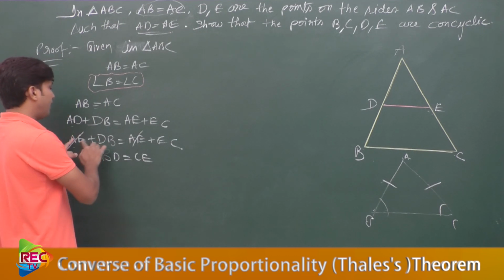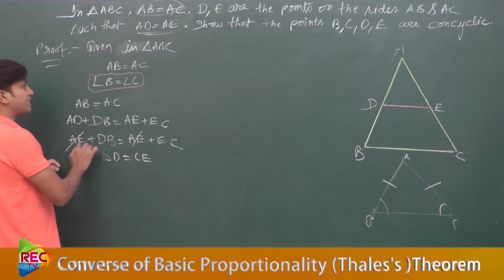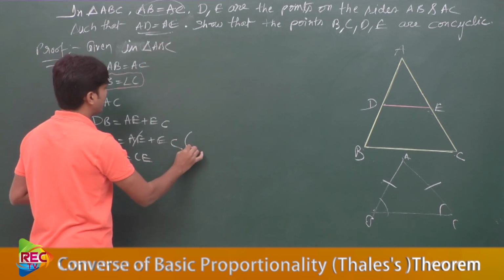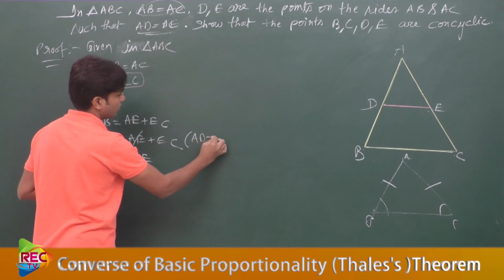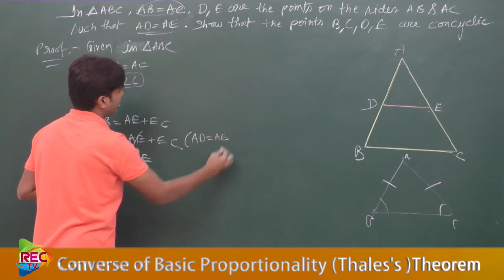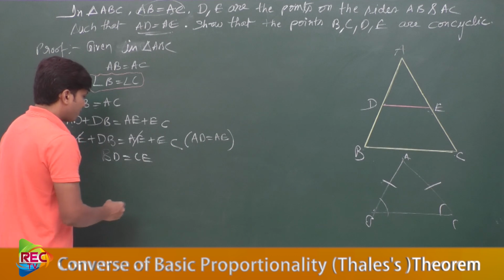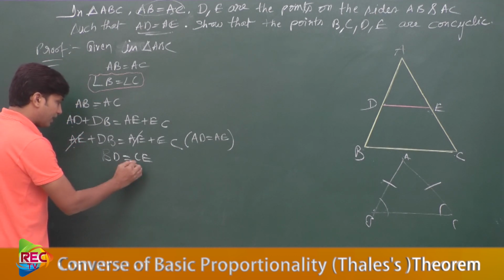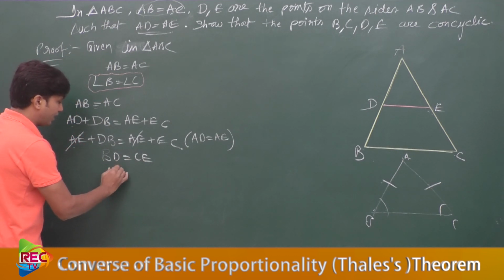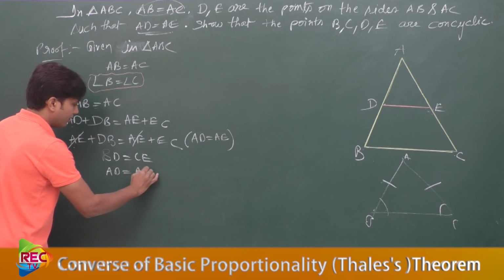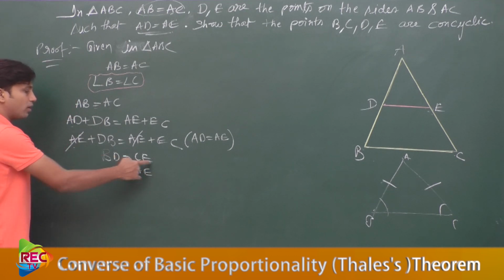So we wrote this, we replaced this AE because the reason was AD equal to AE. So if you take this AD equal to AE, we took this and we got this.